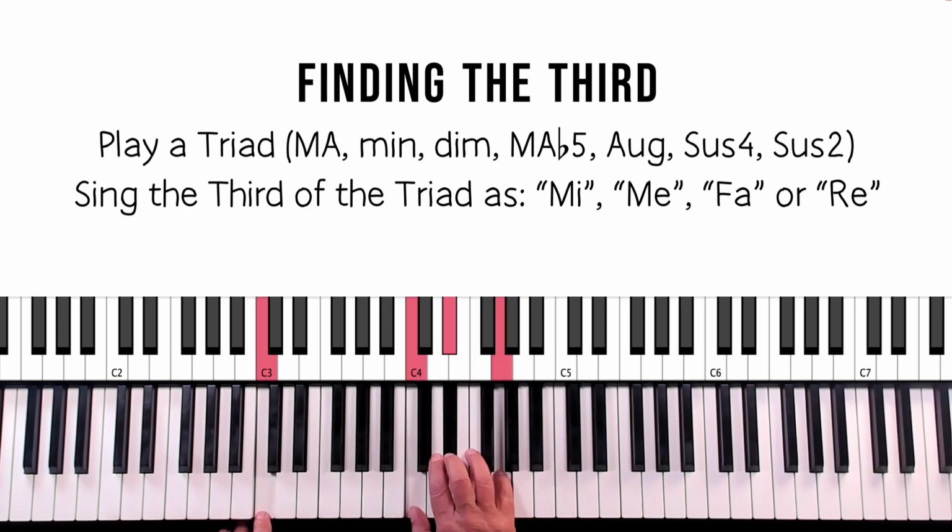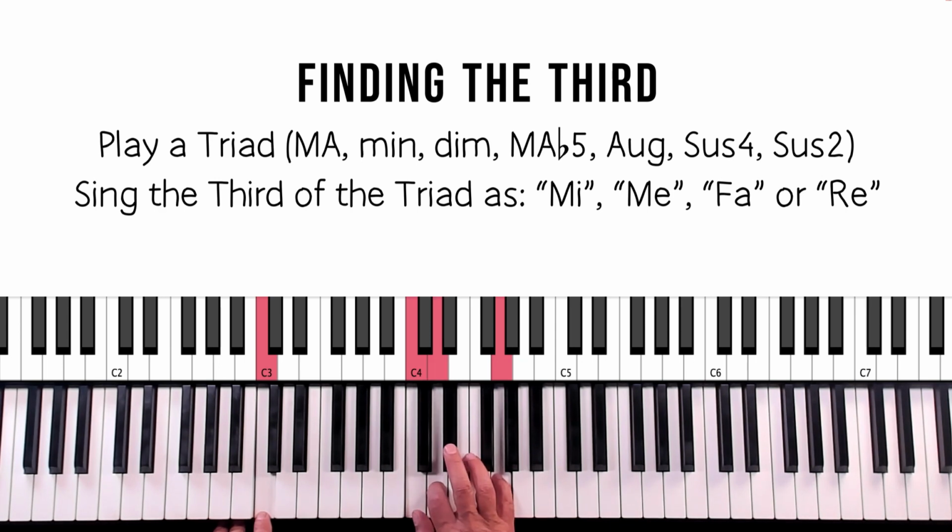If we have a minor triad or a diminished triad, we're gonna have a flat 3, a minor third. Me. If we have a sus4, we're going to have a fourth, the middle note of the triad. Fa. And if we have a sus2, we're going to have a re, the middle note of the triad.